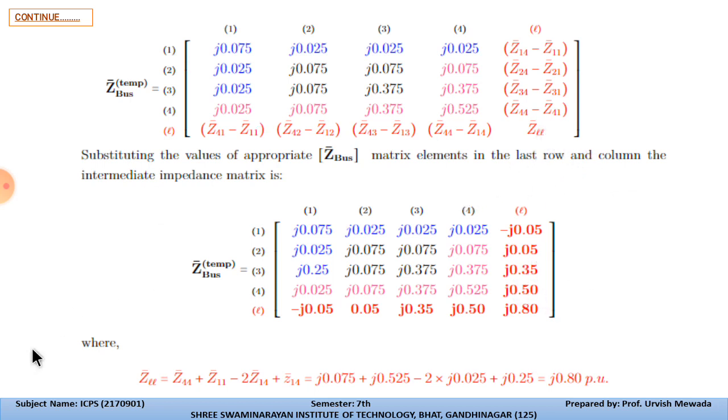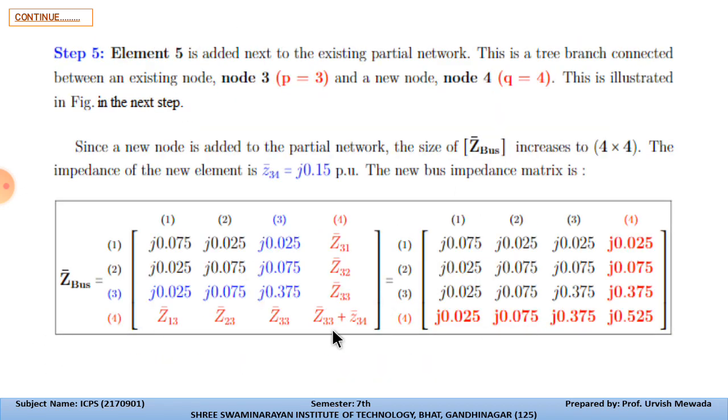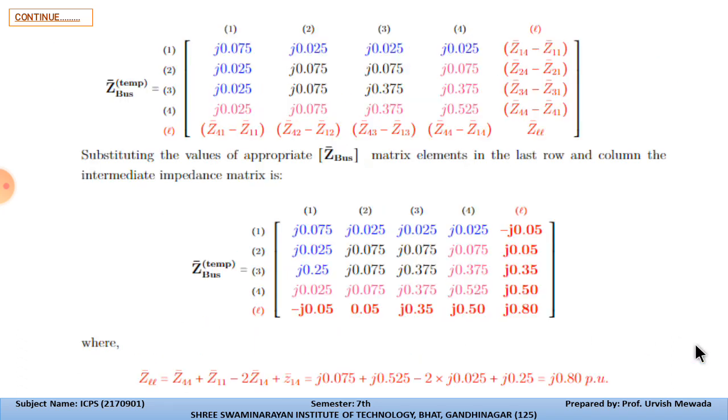So ZLL is again Z33 plus Z34 for this one. This link is connected at number 3, and this is the relation between 3 and 4.